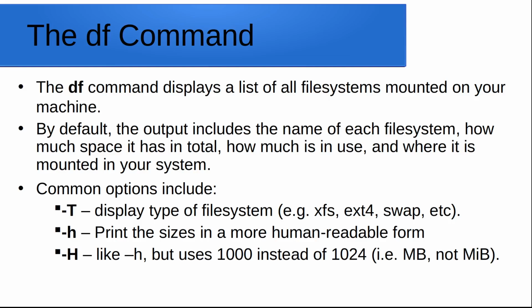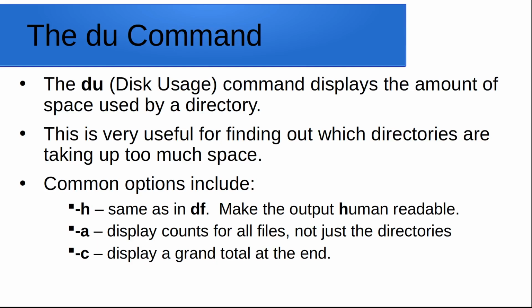Uppercase -H does the same thing, but it gives you a base 1000 instead of 1024, which is what hard drive manufacturers have been doing for years. That's why when you buy a 3 terabyte hard drive, for example, it's not really a full 3 terabytes, because they measure it in weird ways. The df command is useful for a lot of things.